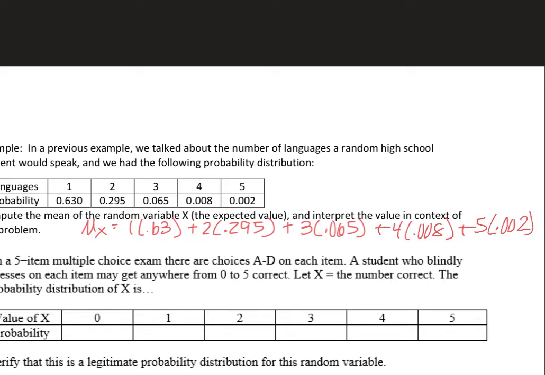And I'm going to get, if we type this in, about 1.457. So not a value we see in the table.